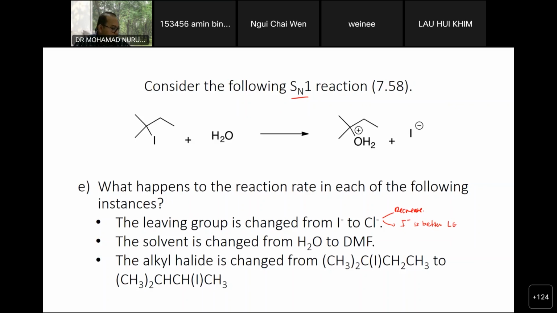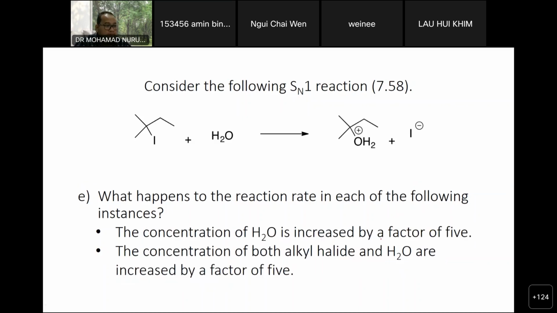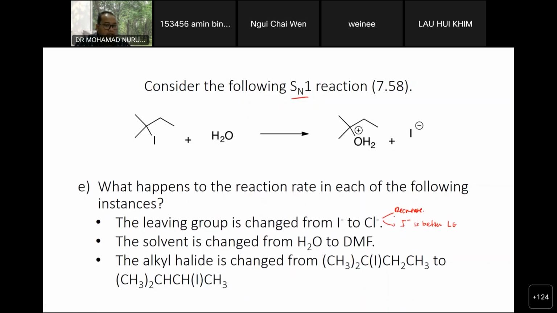Okay, congratulations. The second question, if we change the solvent from water to dimethylformamide, what happens to the reactions? I hope we can have two-way conversations even though we are online.